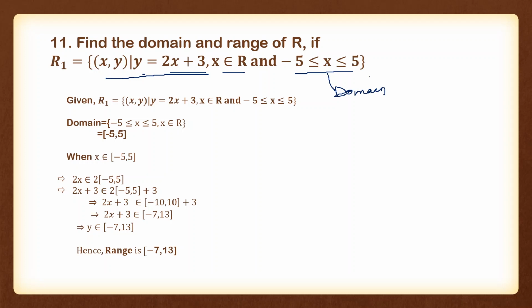So the domain is given directly: minus 5 less than or equal to x less than or equal to 5. Here less than or equal to is nothing but a closed interval, so both the endpoints are included. Whatever value will be here, that is the value.